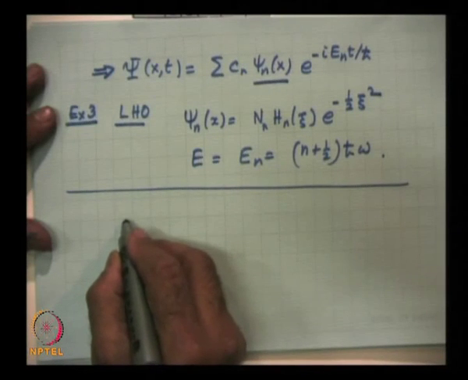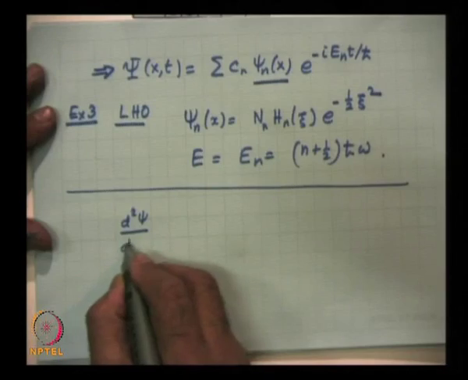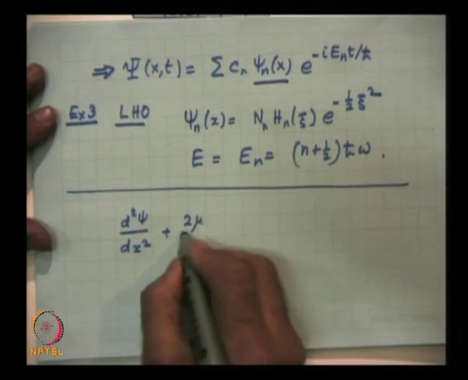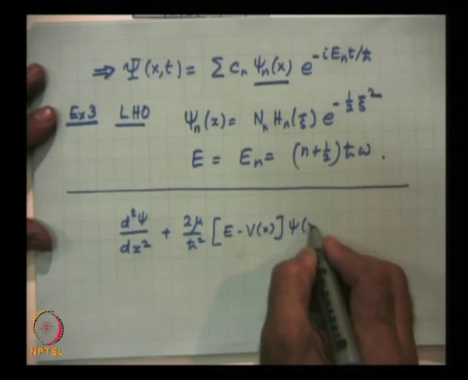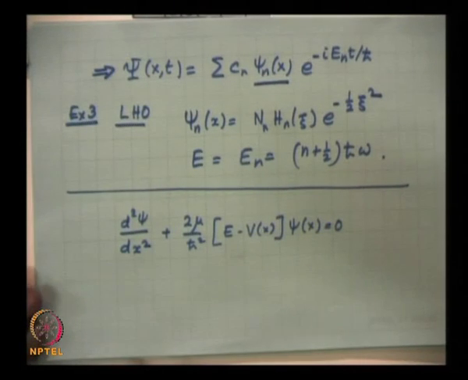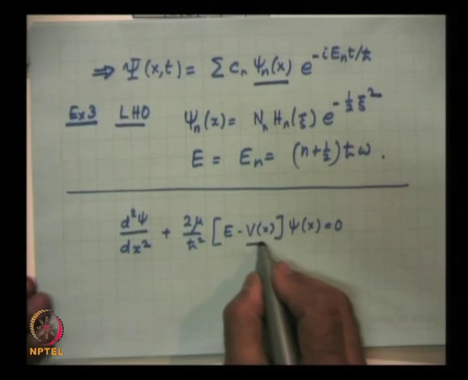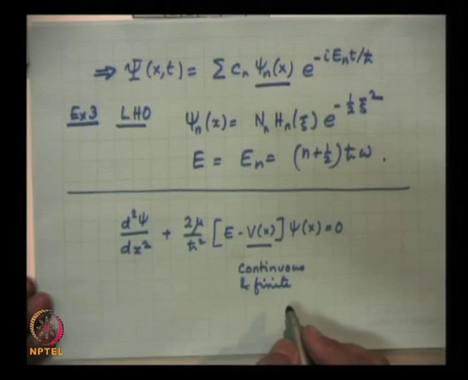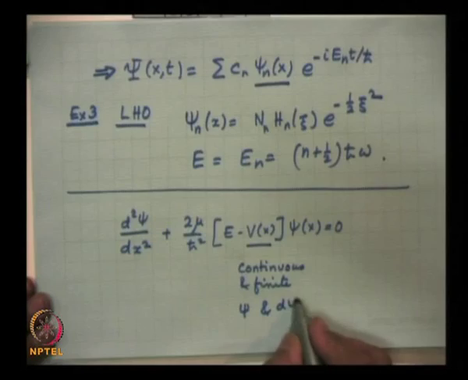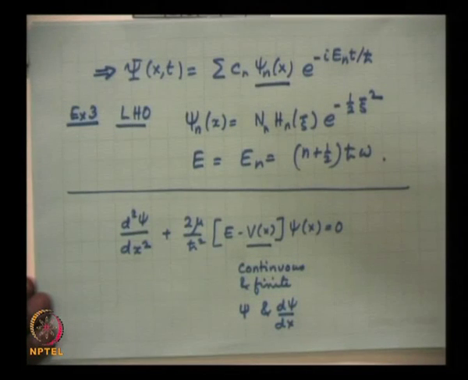If I try to obtain the solution of d2 psi by dx square plus 2 mu by h cross square (E minus V of x) psi of x equal to 0, then if V of x is continuous and finite everywhere, then psi and d psi by dx must necessarily be continuous everywhere.